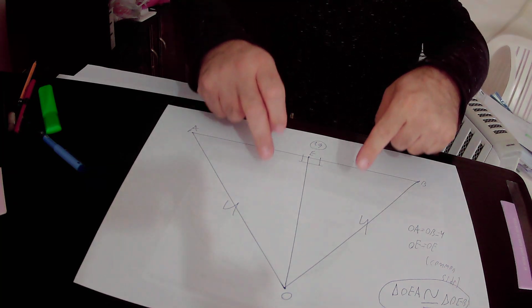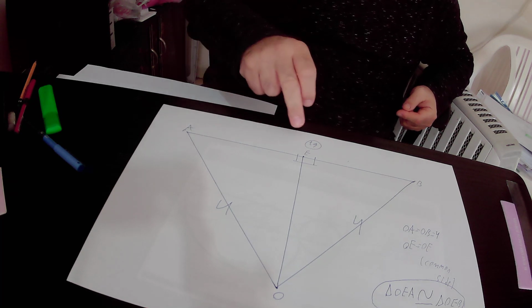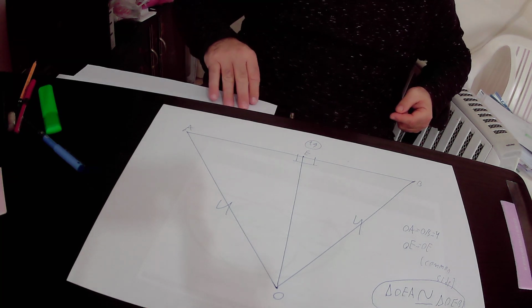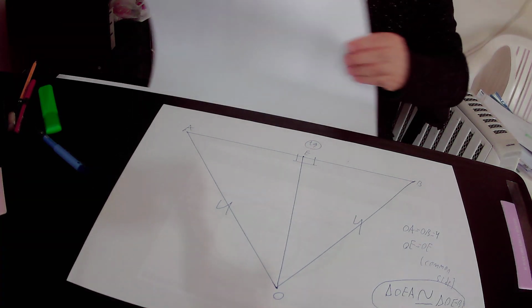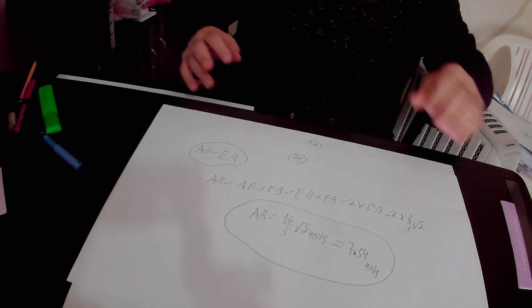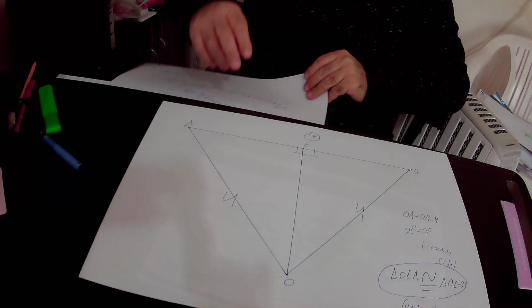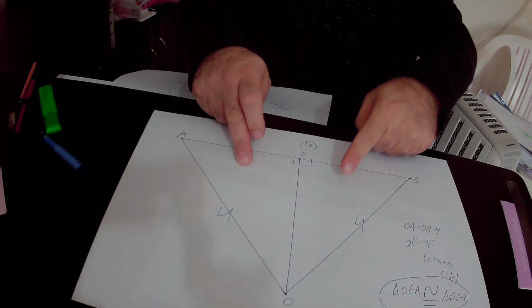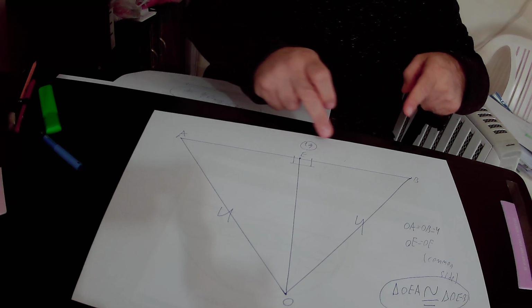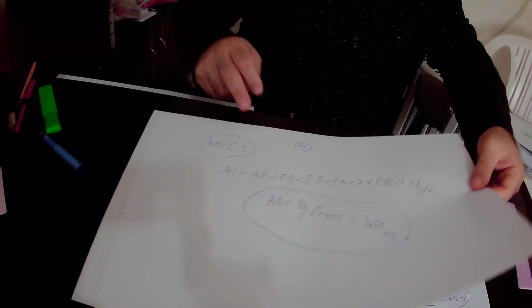And from that fact, we conclude that AE equals EB, according to the rule that corresponding sides in congruent triangles are equal to each other. Therefore, the corresponding sides AE and EB are equal. That is to say, AE equals EB.